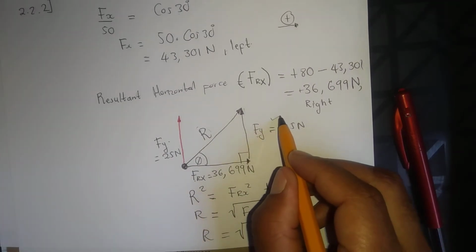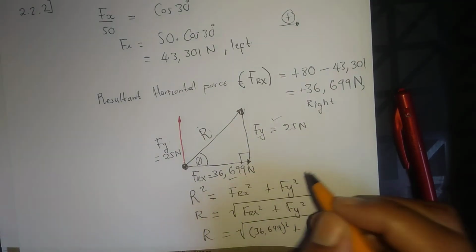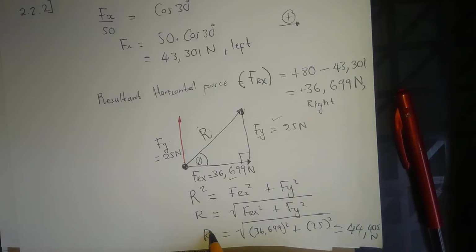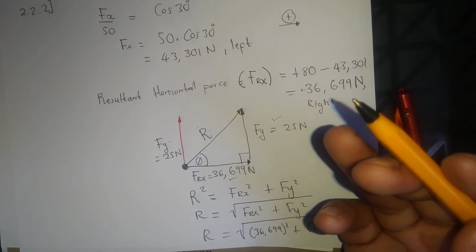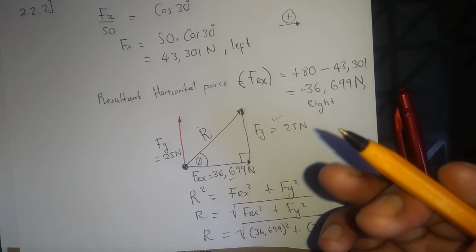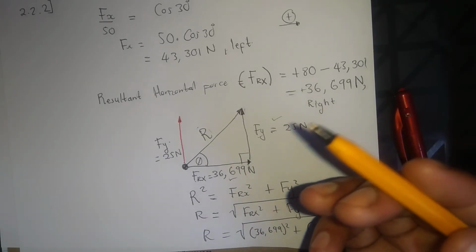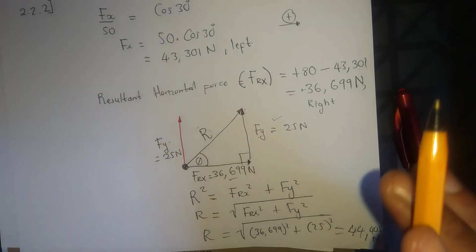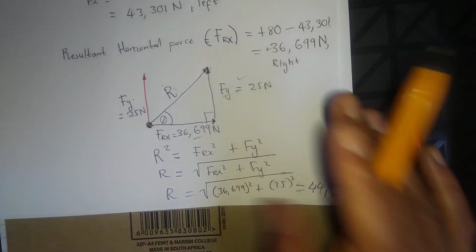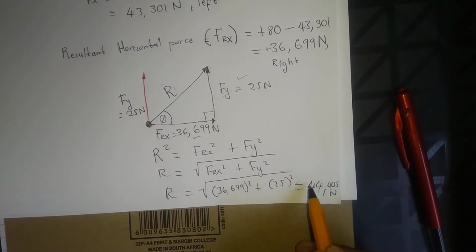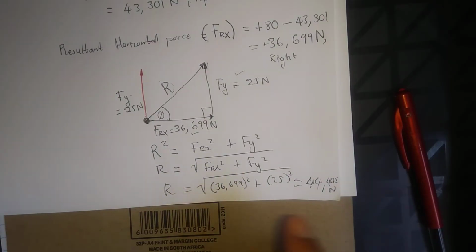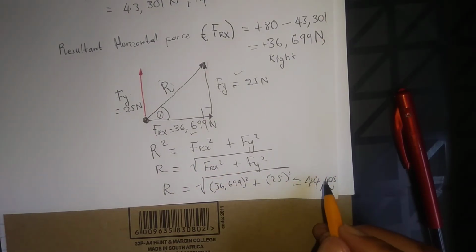So we can use the opposite and the adjacent. Since it's a resultant, you can use any trigonometric ratio you like, sine, cos or tan, but I will prefer tan. Why? This answer could be wrong, because someone may punch the calculator wrong and then arrive at a wrong answer.